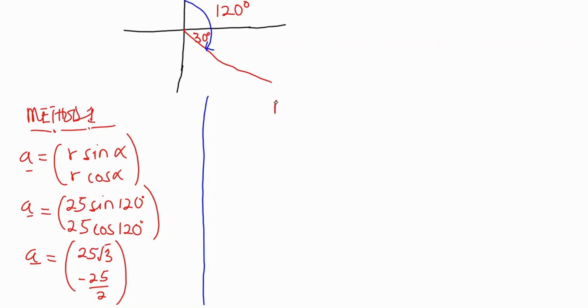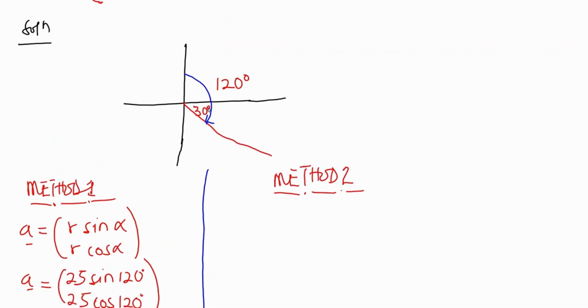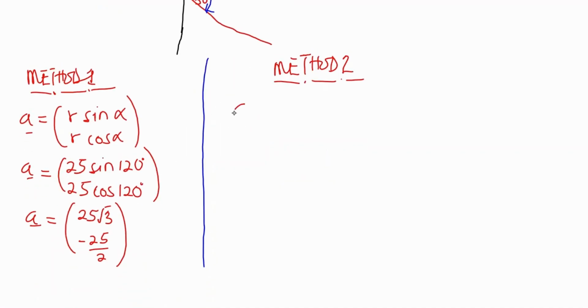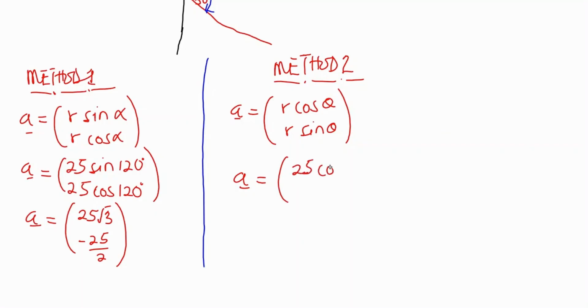That is method 1. Then we can equally look at method 2 so that we can know the clear difference. In method 2, we are going to consider the angle the vector makes with the x-axis, and that angle here is 30. So it means that our vector E is r cos of theta and r sine of theta, which means our E now is equal to, so r is 25, and you have cos.